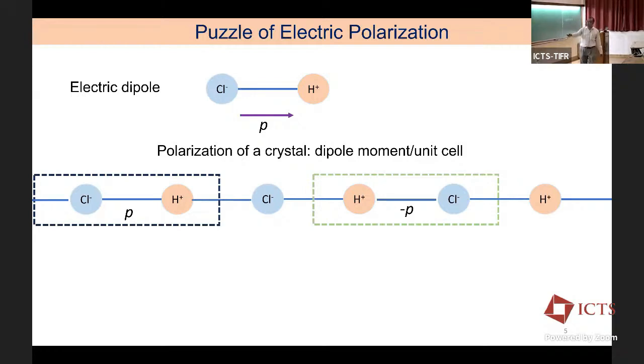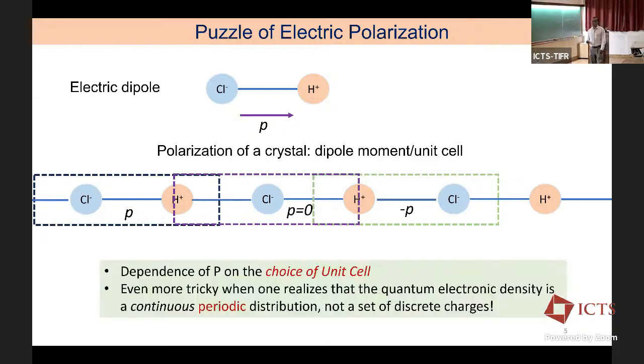If I have a 1D crystal with 2 atoms per unit cell, you will have one direction of polarization if I choose this unit cell, and opposite polarization if I use the other unit cell. And if I use a unit cell which cuts across the atoms, you get basically zero dipole moment. So this was a puzzle which existed until 1992, the dependence of P on the choice of unit cell.